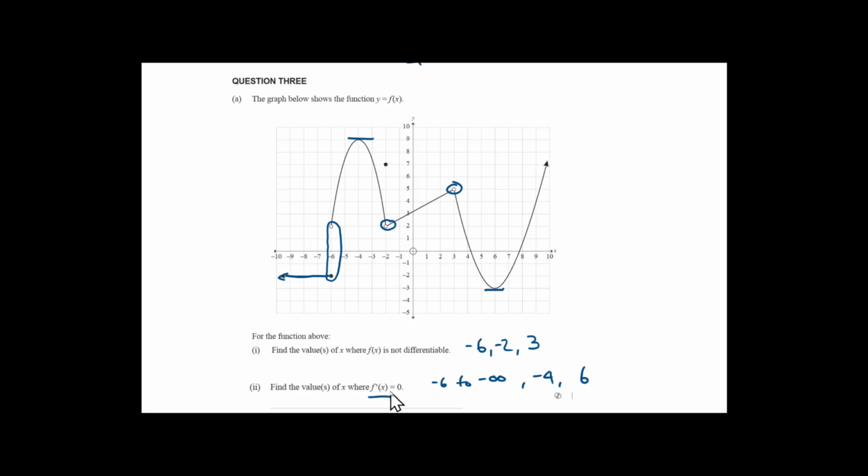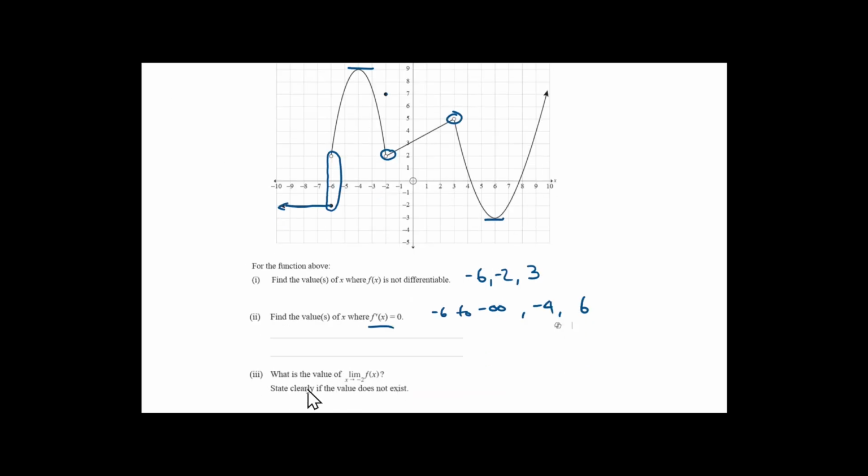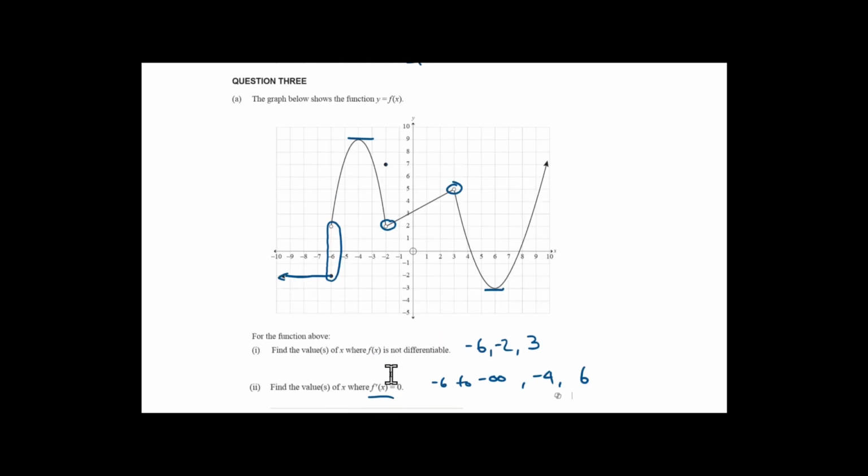Then it asks a really interesting question: what is the value of the limit of f of x as x goes to negative 2, which is here? And the answer to that is 2, because as we get closer and closer, we're getting closer to 2, and from this side, we also get closer and closer to 2. The fact that it jumps up here is irrelevant.